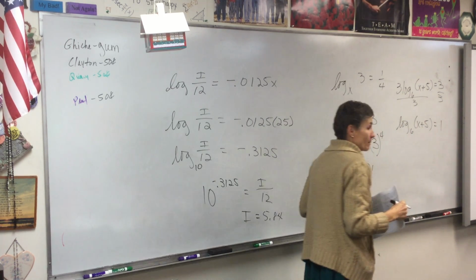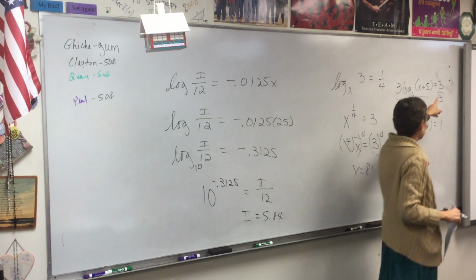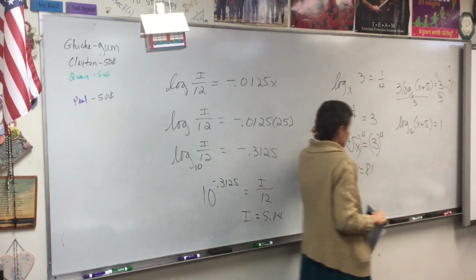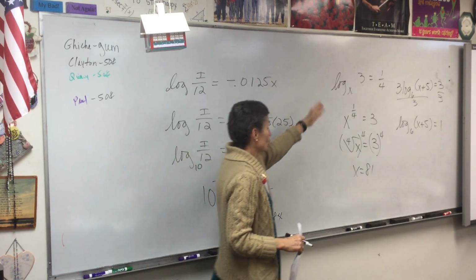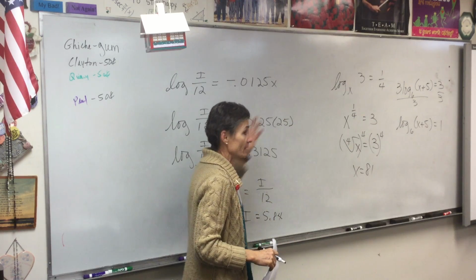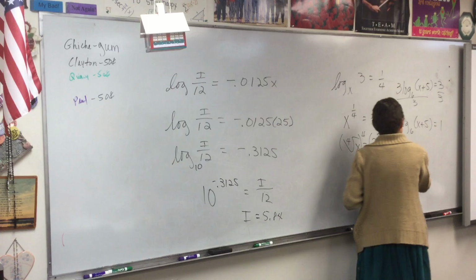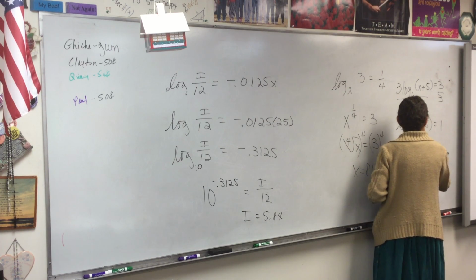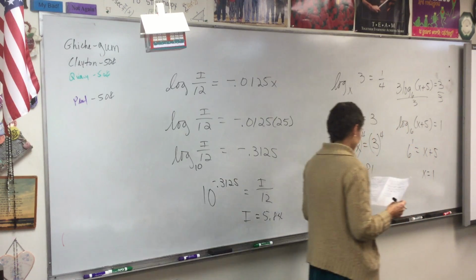As long as you have a number over here, you're always able to divide. So just get rid of it. Now the problem looks just like these last couple we've done. So you'll rewrite it as 6 to the 1st equals x plus 5. So x equals 1.